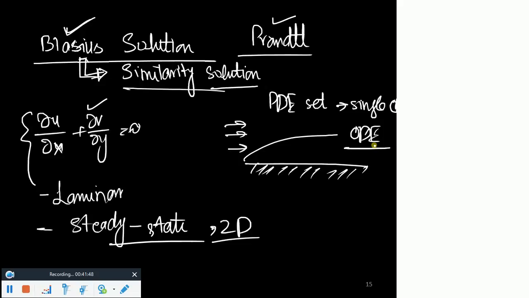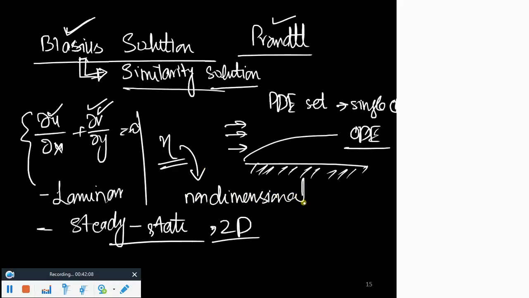What he did was, instead of using the variables u and v, his independent variable was only eta. You can say that this eta is kind of a non-dimensional y.